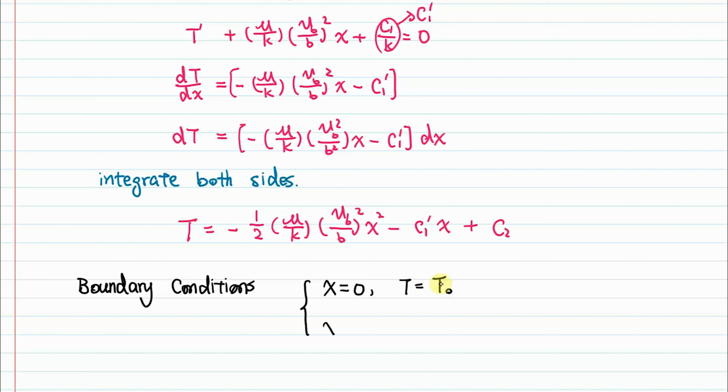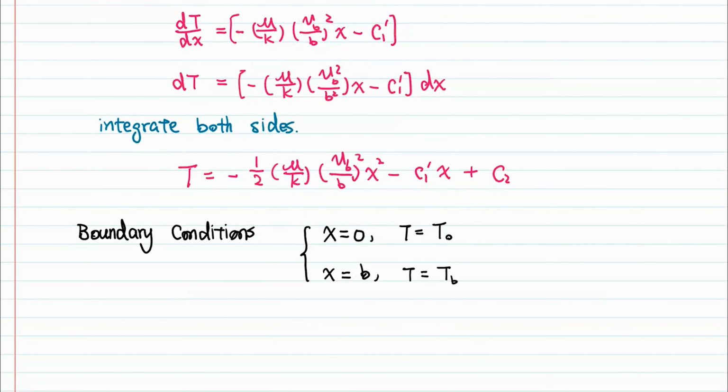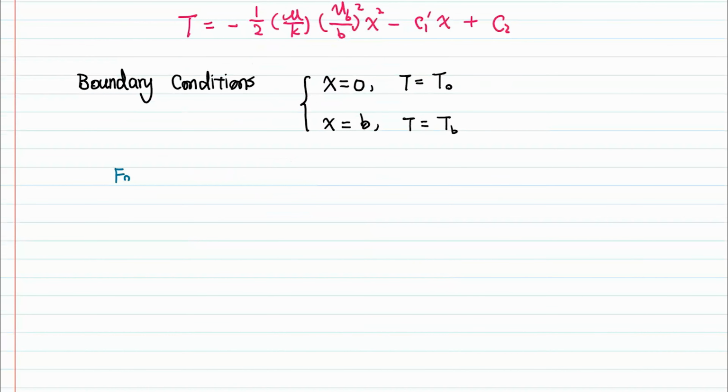And when x equals b, we have T equals T sub b. If T naught is not equal to T sub b, C2 will equal T naught.